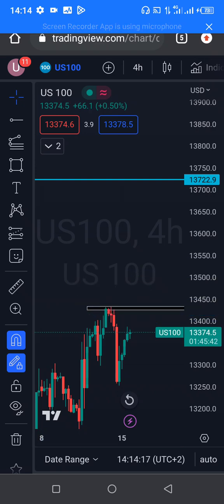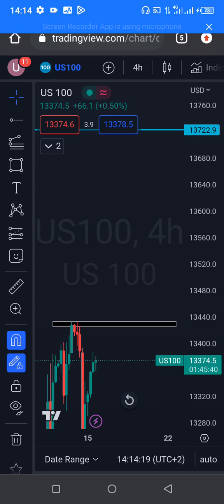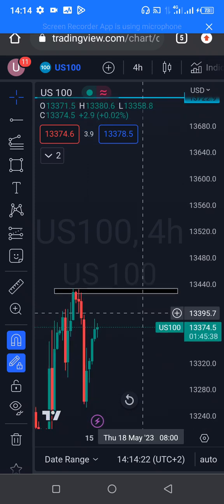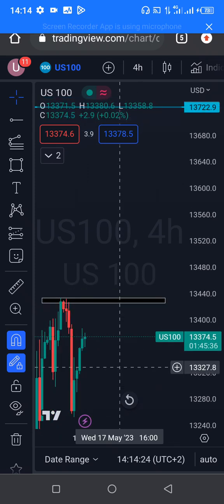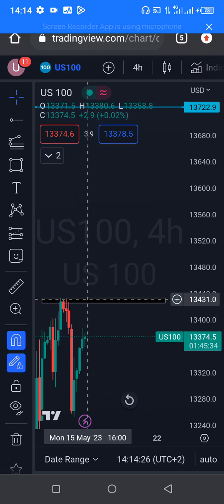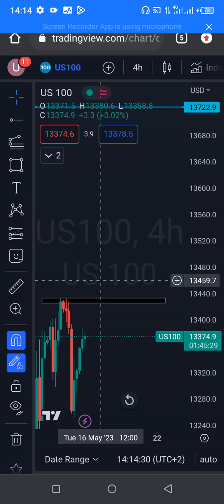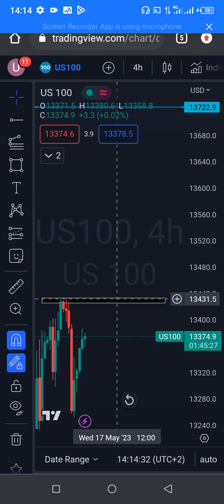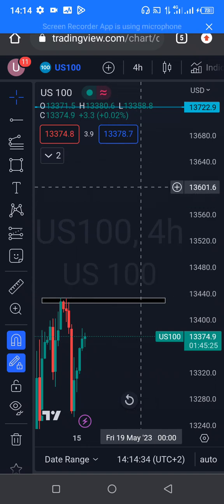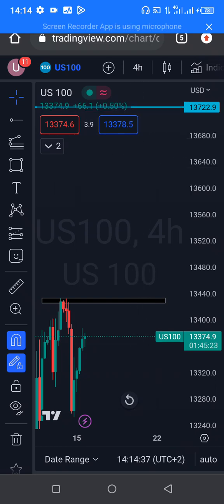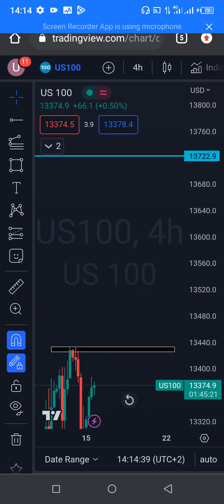So here I'm expecting a tiny resistance here, then break, retest, and then go to our TP. So let me draw my path.